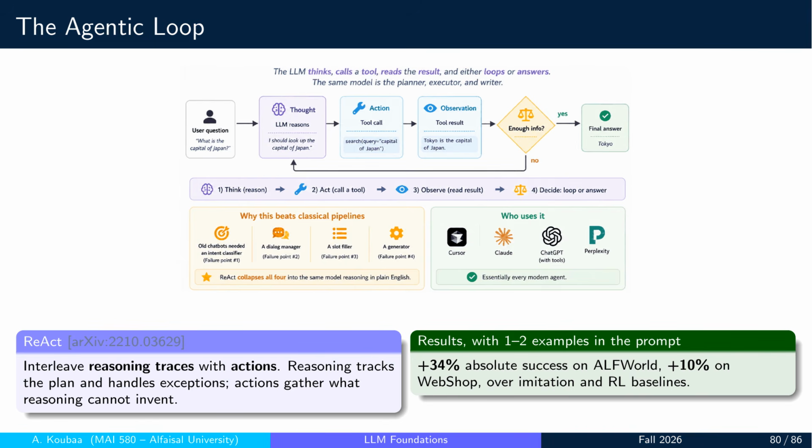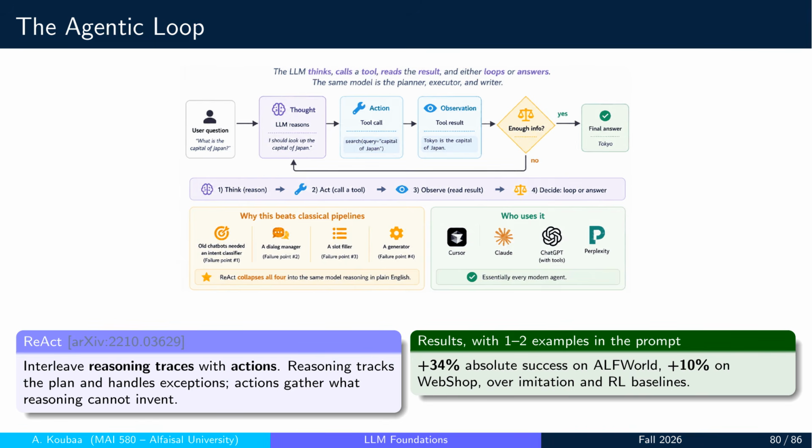Now, the results on the right. And note the condition attached. With only 1 or 2 examples in the prompt, ReAct gave a 34% absolute improvement in success on ALFWorld and 10% on WebShop over imitation learning and reinforcement learning baselines. Look again at how little was required: 1 or 2 examples in a prompt and no retraining. Now connect this back to section 2.